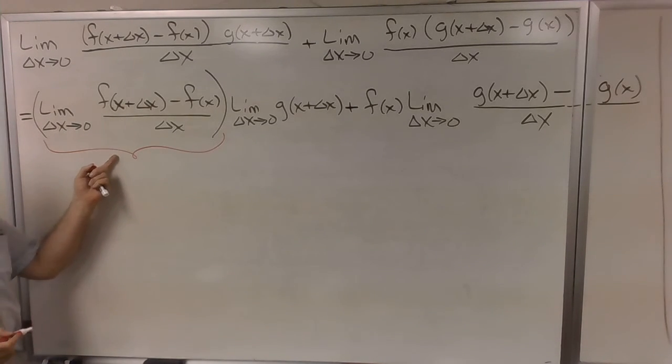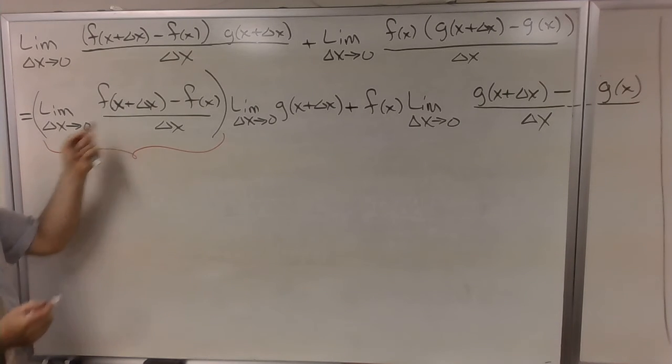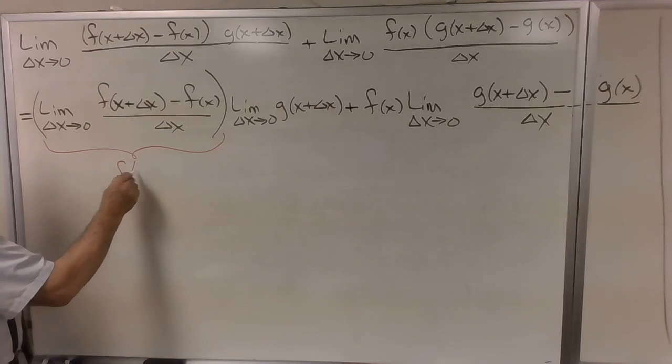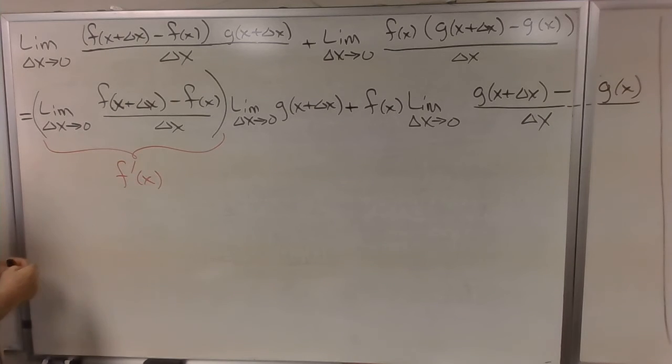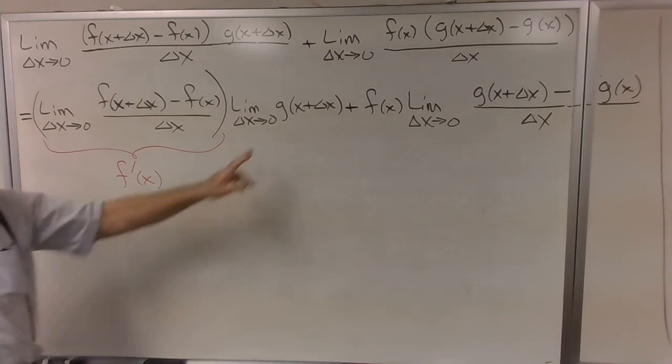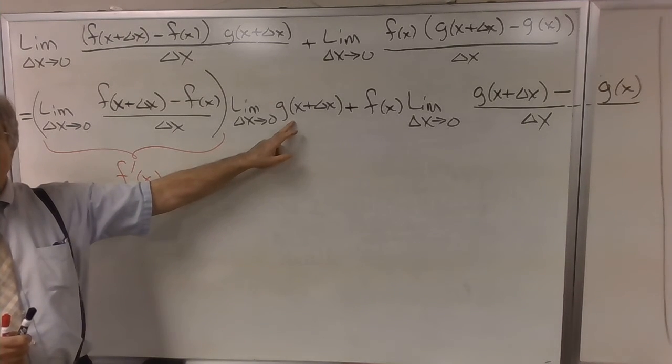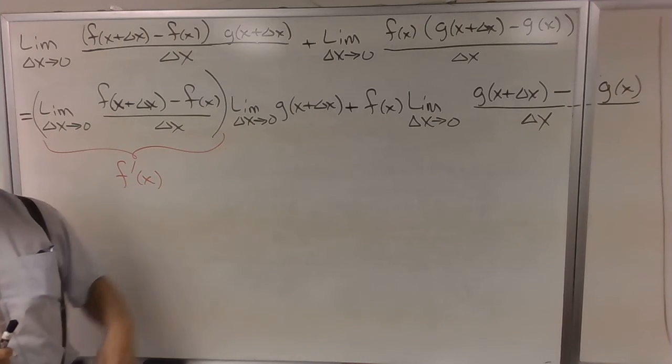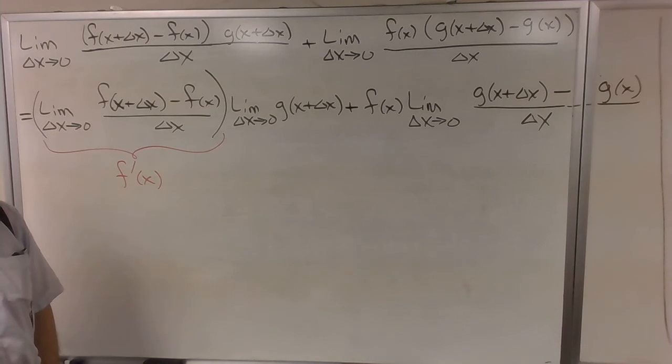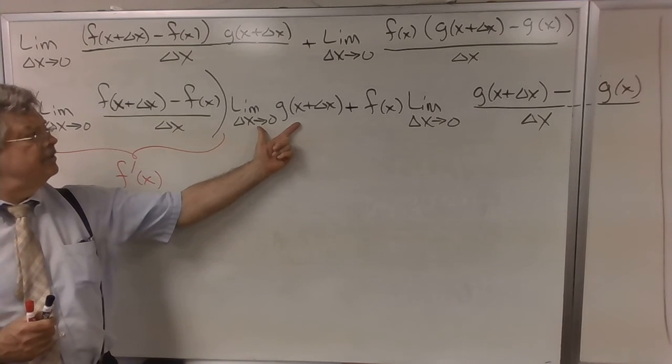What's that limit? Son of a gun, this is f prime of x. And this limit, remember, by our hypothesis, f of x and g of x are differentiable. And differentiable functions are always continuous. So this is a continuous function.